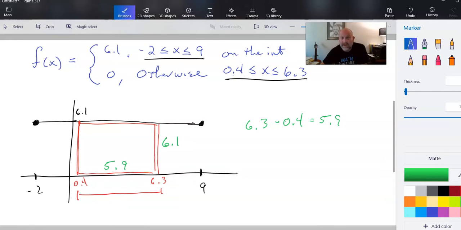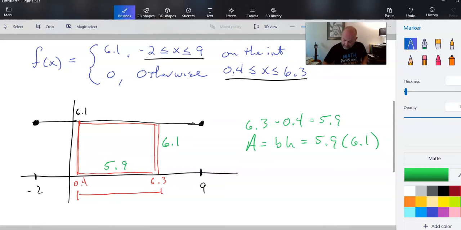So now I have my base and my height. I can multiply those two. So the area is base times height. We found that the base is 5.9 and the height is 6.1. So we just need to multiply those two things. Now, if it ends up being something you need to round, it'll tell you where to round.